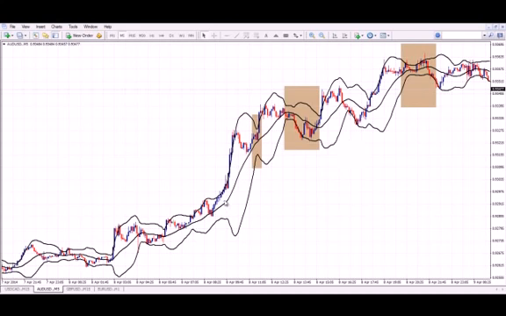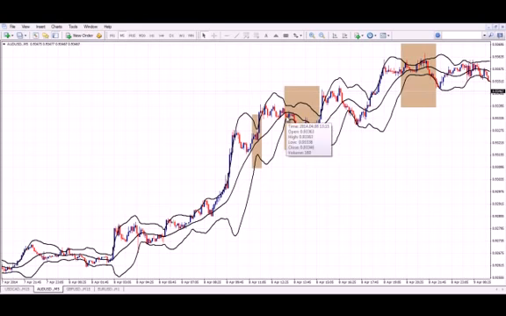Price is moving up. We are in an uptrend, and when price starts to consolidate and the Bollinger Bands are contracting, you look for a close or a takeout of the previous swing high. What does this mean? We are trading up, then we start to correct, or we start to trade in a narrow range.